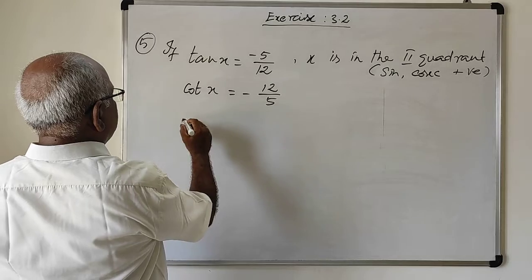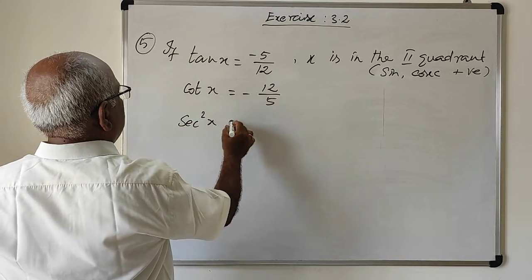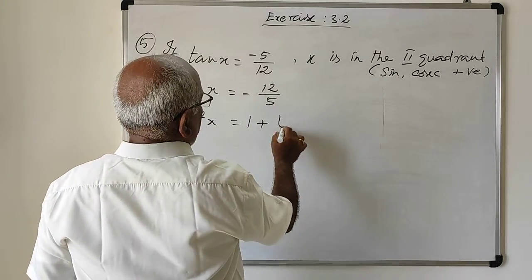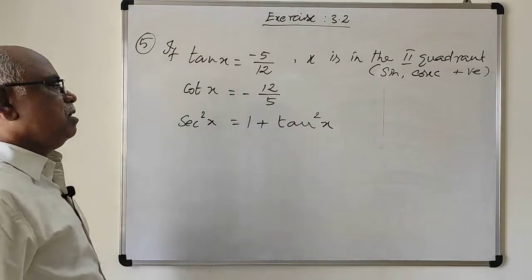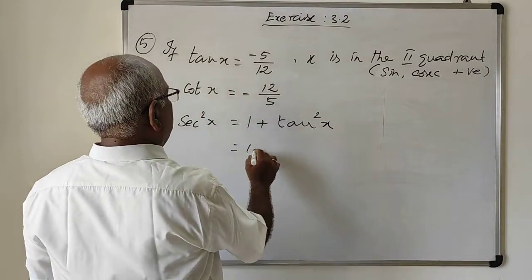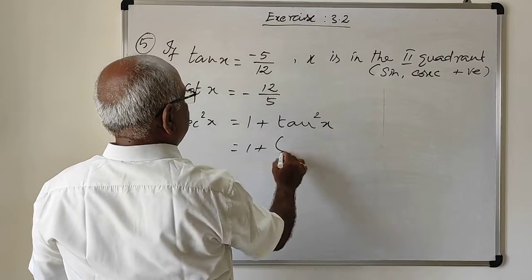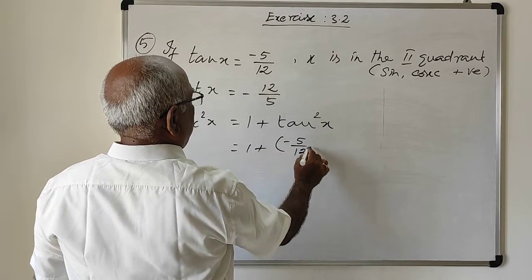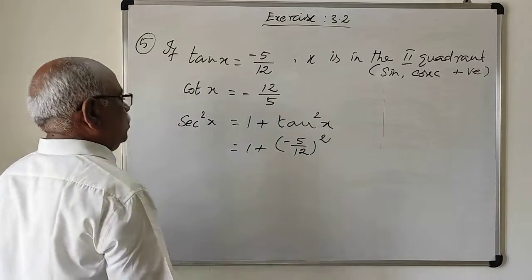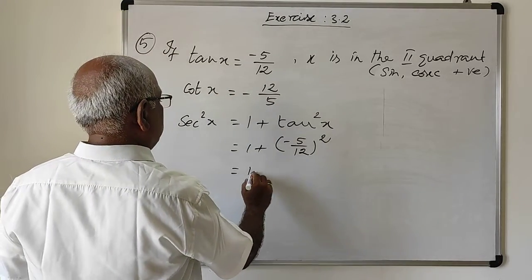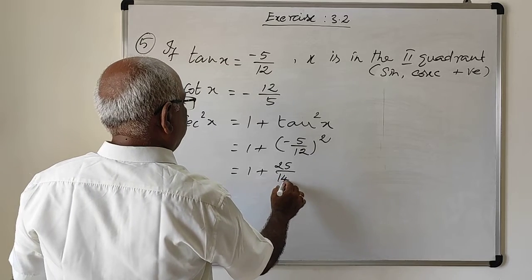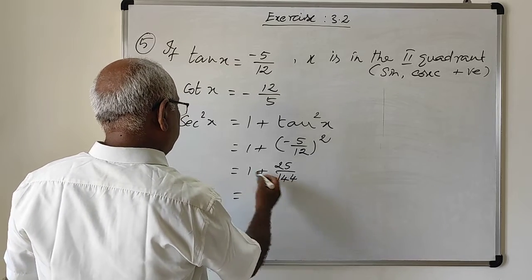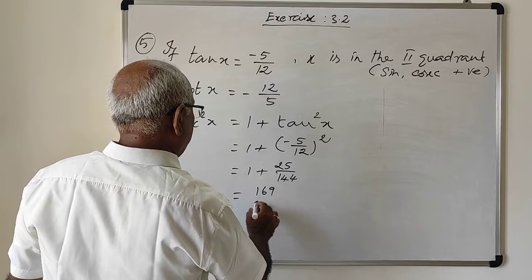You know by trigonometric identity, secant square x is equal to 1 plus tan square x. That is 1 plus (minus 5 by 12) the whole square. 5 square is 25 and 12 square is 144. So 144 plus 25 is 169 by 144.